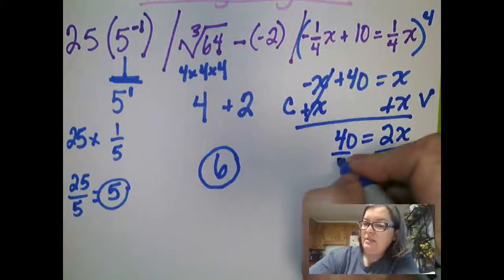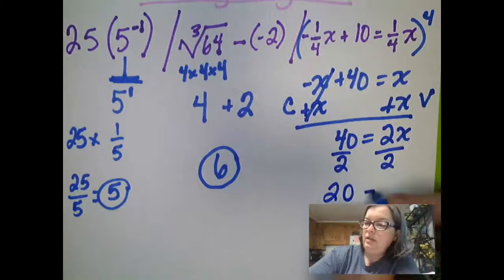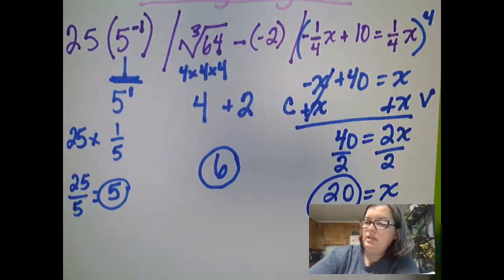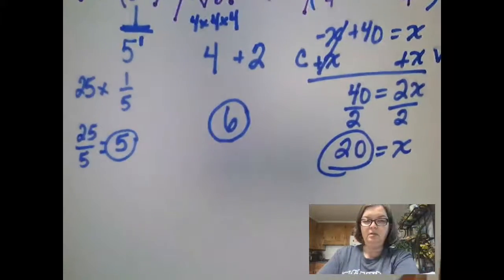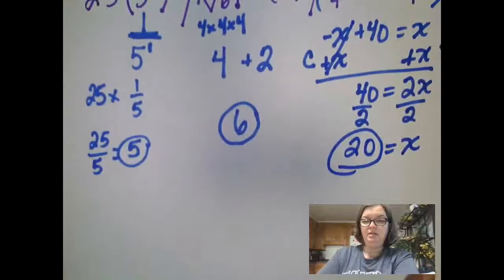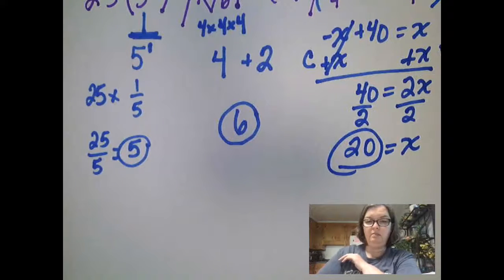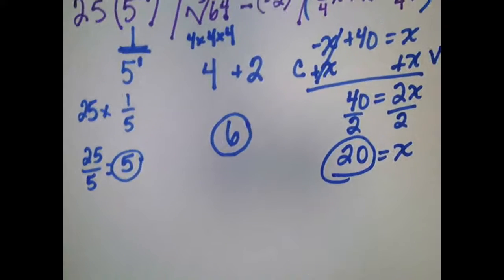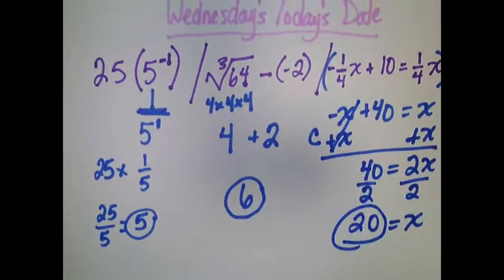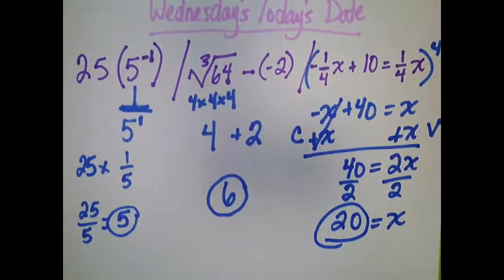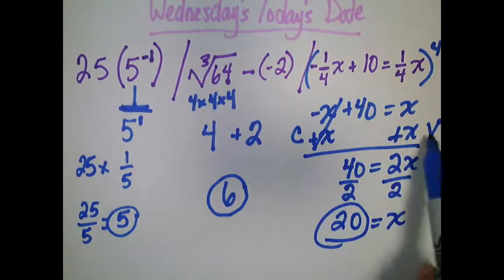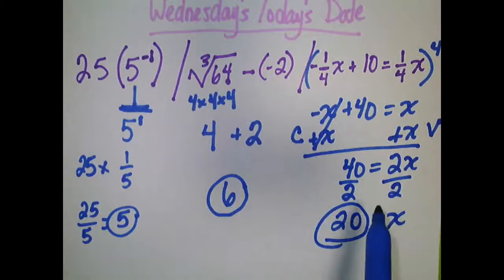I divide both sides by 2, and I get 20 equals x. So there's the year. Oh, y'all can't see it because I'm in the way. Alright, there is today's date. I'll go ahead and move this out of the way so y'all can see that. Not that bad, not that bad. The little big difference right here is I chose the variable to be on the right side. It just worked out easier for me, okay?